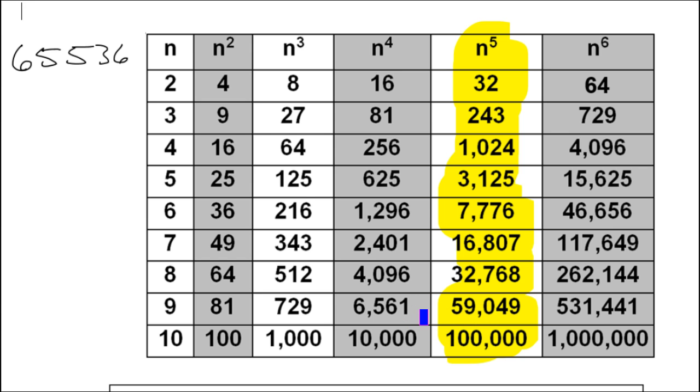Alright, so the first number that has a chance. These numbers are too big. The number has to be less than half of this to have a chance of dividing in evenly. So let's start with the 32,768. So I'm going to try dividing this thing by 32,768.